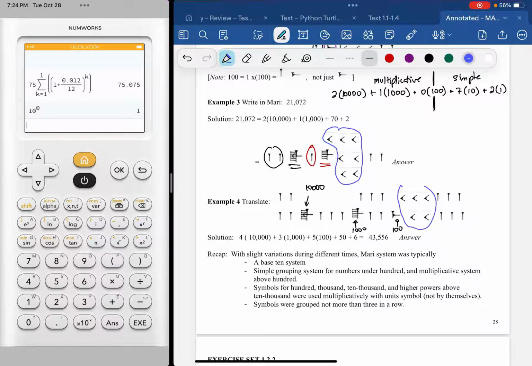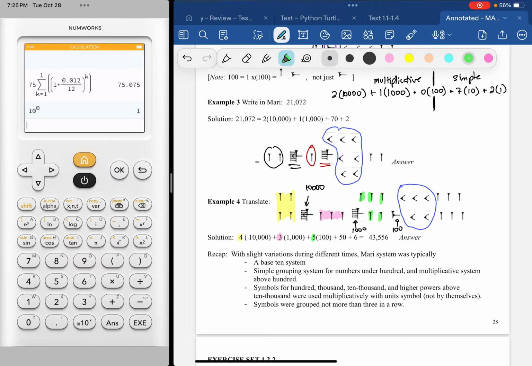All right. So I have 4. I'll use my highlighter. 4 of those 10,000s. 3 of those 1,000s. It looks like I have 1, 2, 3, 4, 5 of those 100s.